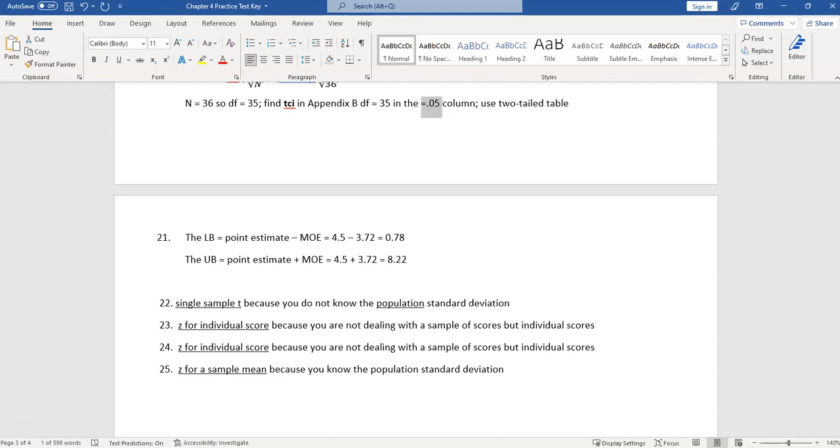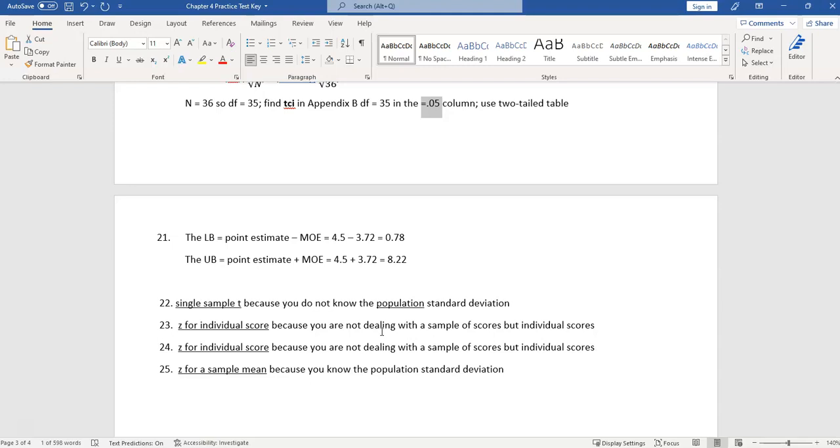Not just any standard deviation. You have to read the question. It might say the standard deviation is 7, but you have to know, is that a population standard deviation or not? If it's a population standard deviation, then you would be able to use a z for a sample mean.